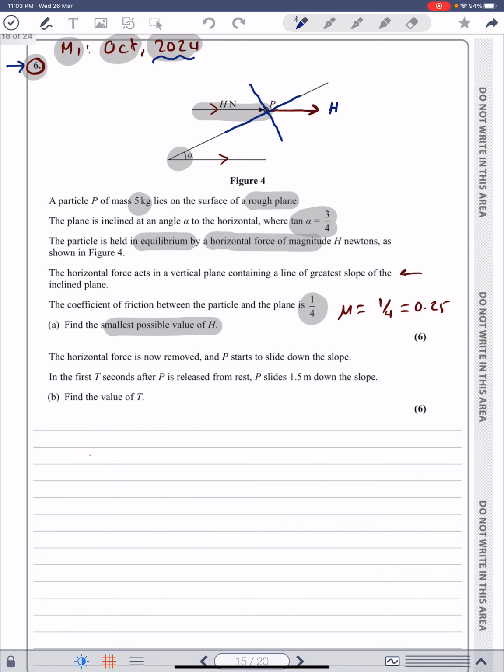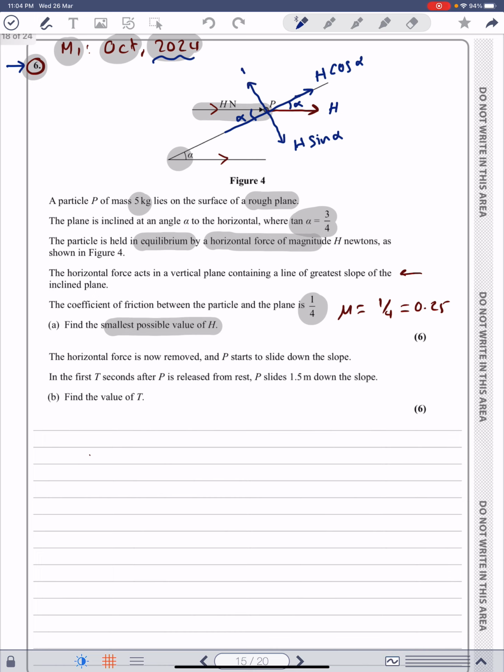So H must be resolved. Since he said horizontal force, this is alpha by alternate angles, and this is also alpha by vertically opposite angles. So this is the adjacent component of H: H cosine alpha, and this is the opposite one, H sine alpha.